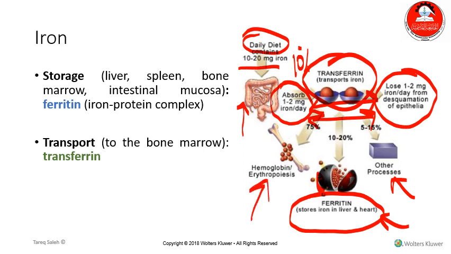Okay, that's how iron can be used for heme synthesis and consequently hemoglobin synthesis and RBC maturation. It's very critical for that process.